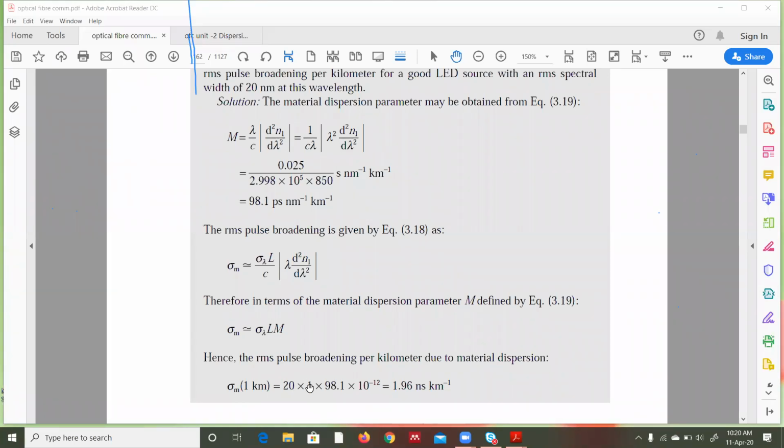L is kilometer, you substitute as 1. 98.1 into 10 power minus 12, that is capital M, because the 20 nanometer will get cancelled with per nanometer of the unit of capital M, and 1 kilometer gets cancelled with per kilometer for capital M.